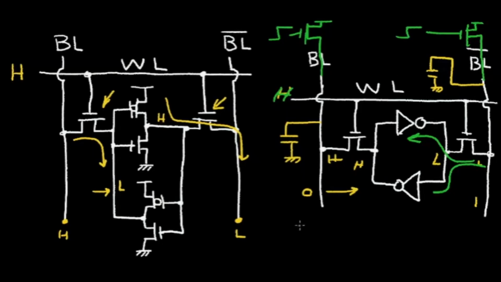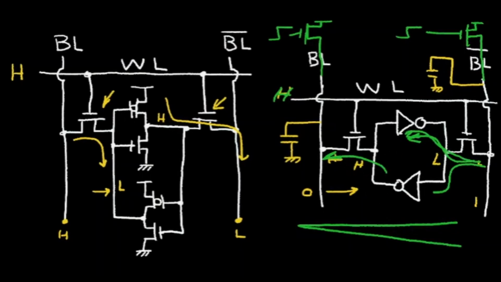If I look at voltage versus time, one bit line will stay high and the other will slowly discharge. When it discharges through this inverter, it will try and reinforce the one.